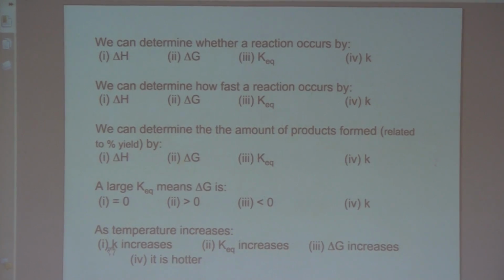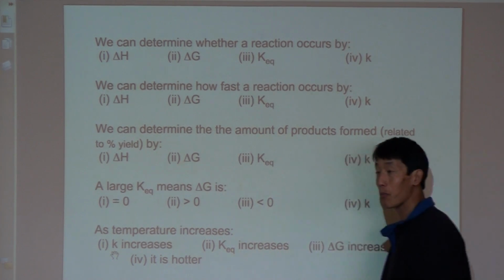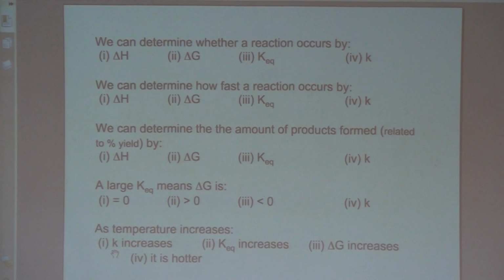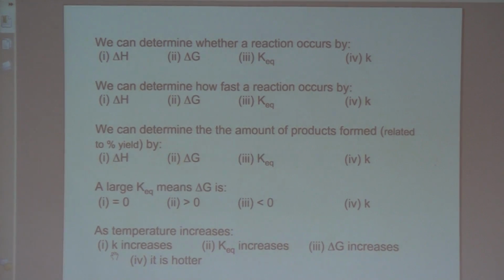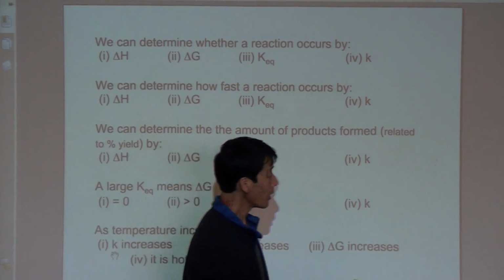Does anything happen to the rate constant k as temperature increases? Yeah, as the temperature increases, the rate constant k increases. Now, is there a formula that we use that relates rate constant to temperature? Okay, this was way back before exam 1.